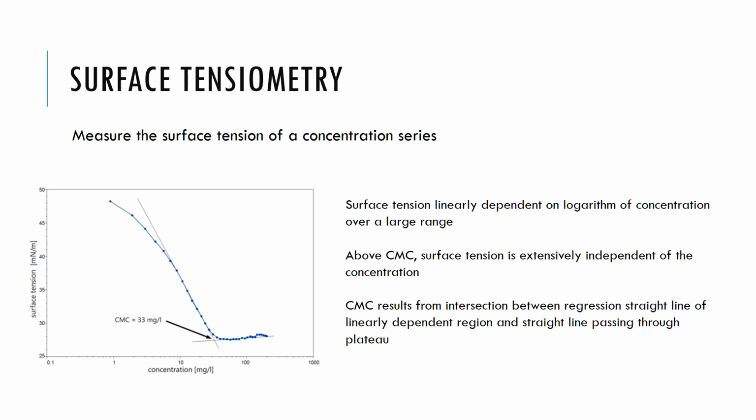What you gain then is a plot of surface tension against surfactant concentration, and you would take measurements over an entire concentration series in order to work out where that critical micelle concentration occurs. You can see that initially there is a linear dependency on the logarithm of the surfactant concentration.